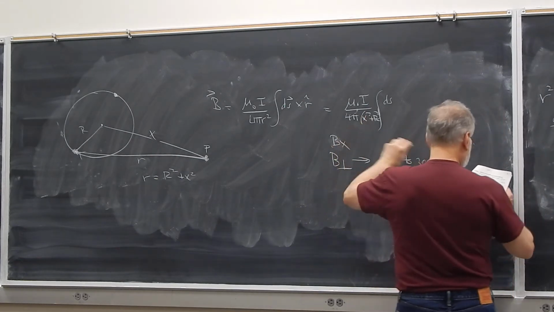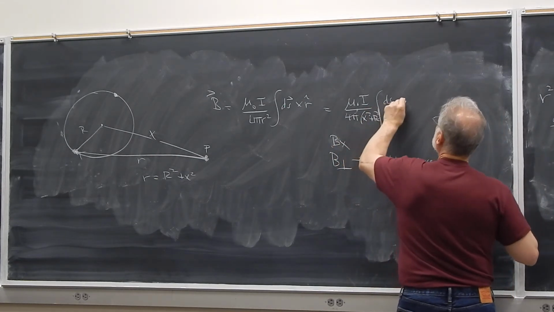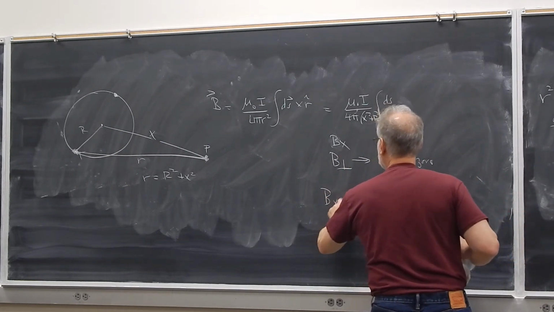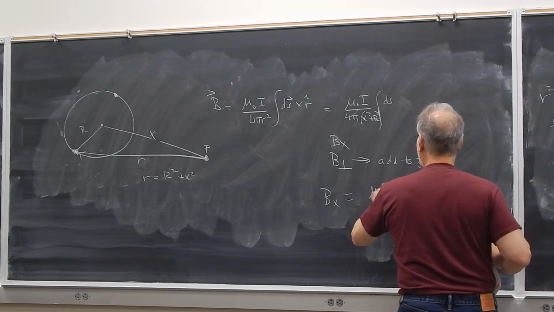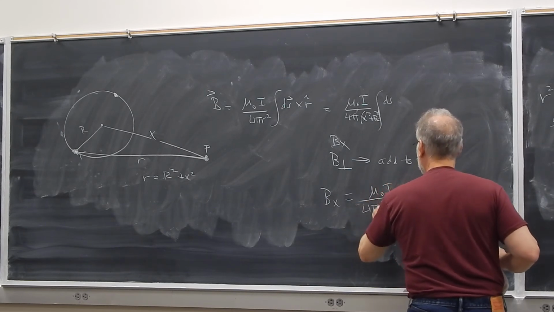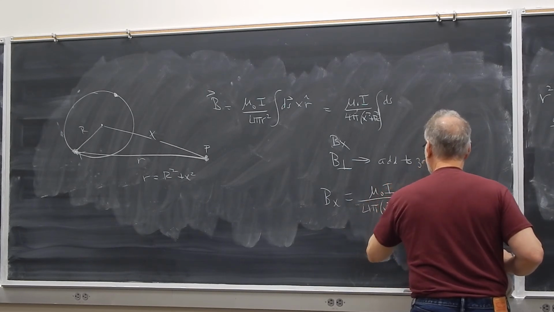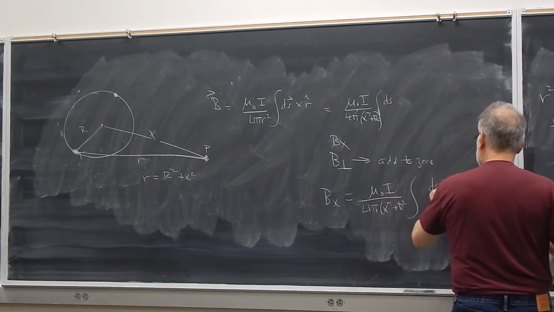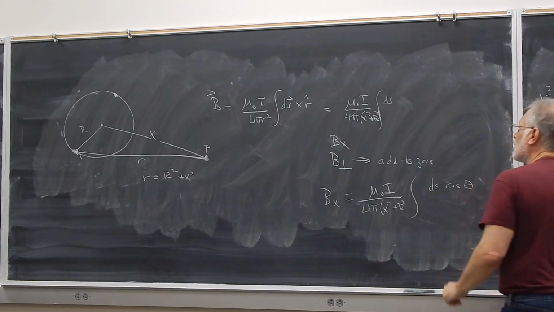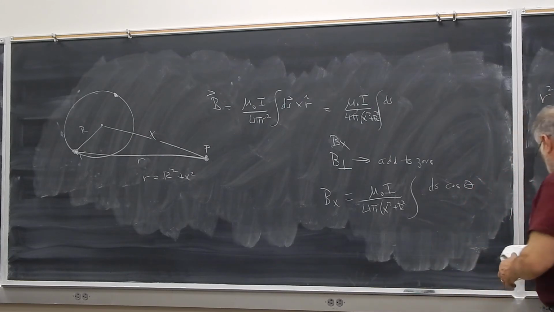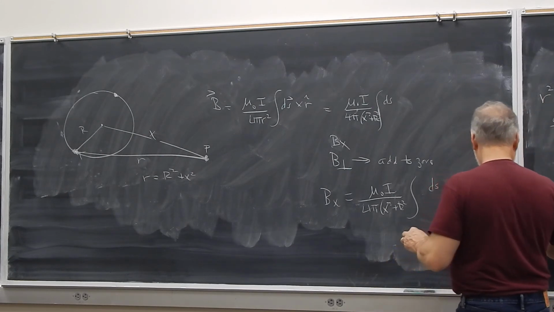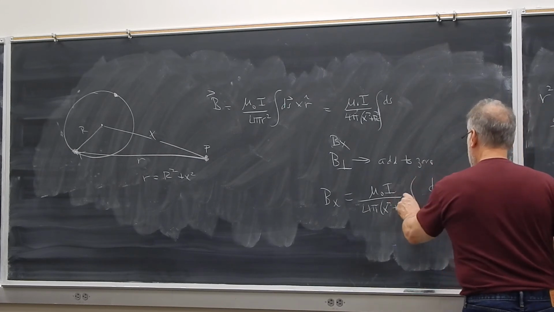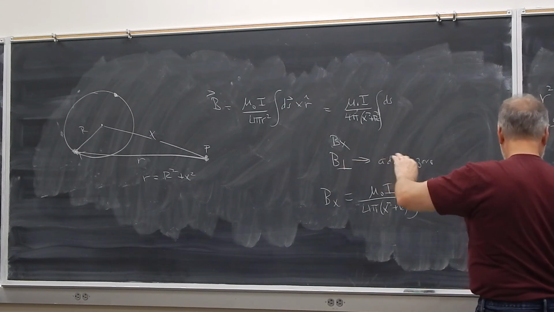B sub x then I can write as ds. So if I want to find B sub x, I'm going to write that as mu naught I over 4 pi times x squared plus r squared times the integral of ds cosine theta. But notice, theta, x, and r are constants for all elements on the loop.